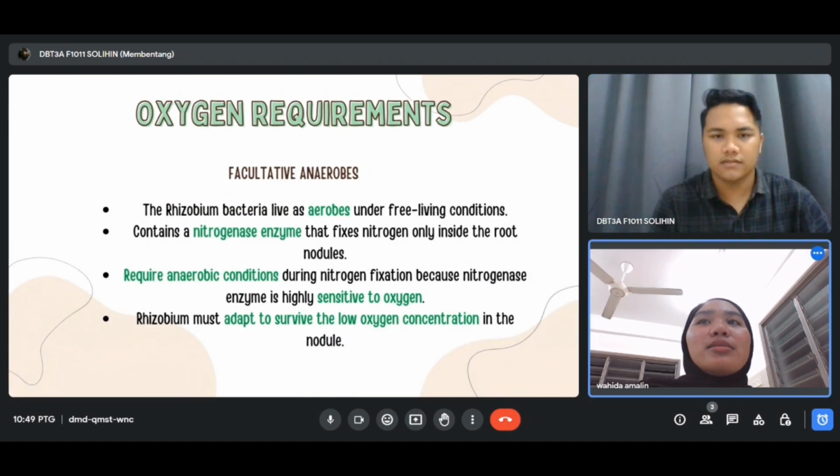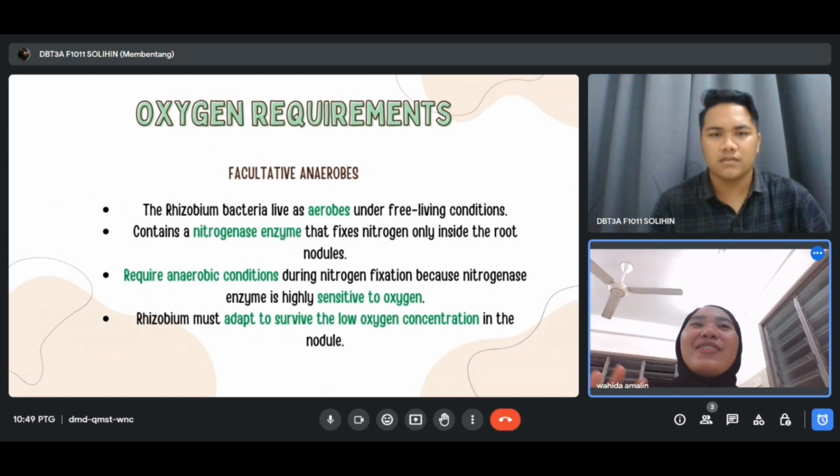The next slide is oxygen requirements. This bacterium, Rhizobium leguminosarum, is a facultative anaerobe. As we already know, facultative anaerobes can grow in the absence of oxygen and also with oxygen.